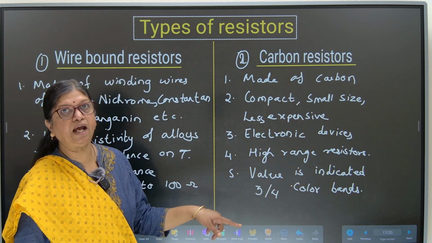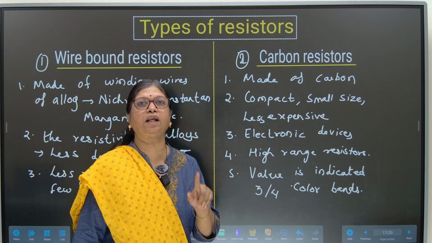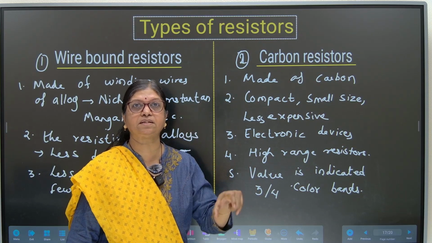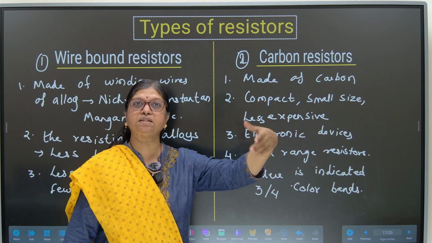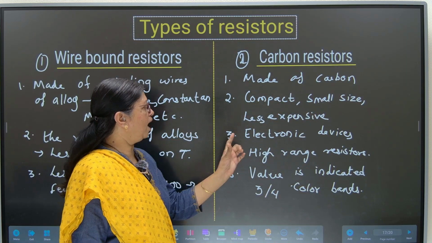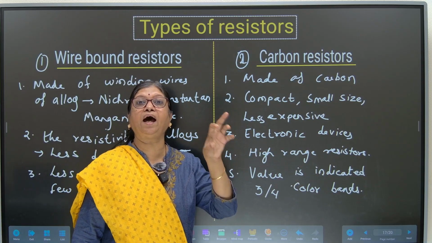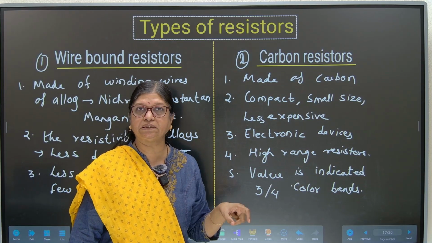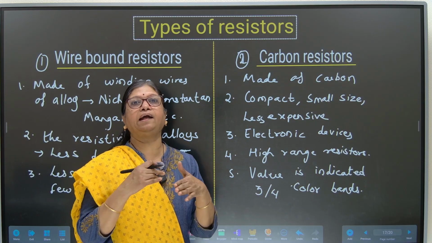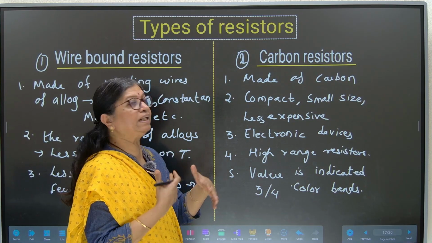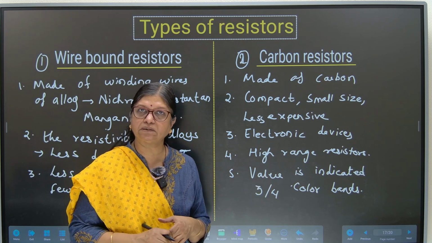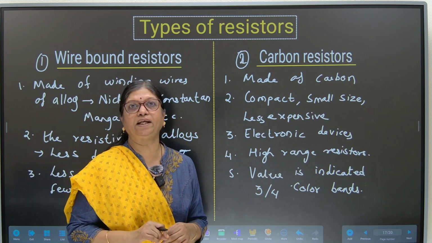We will see how these 3 or 4 color bands can be used to calculate the resistance of carbon resistors on the next page. Fine. So they are used when a high range of resistances is required, and they are compact, small in size, and also less expensive. So they are used for these purposes in electronic devices.